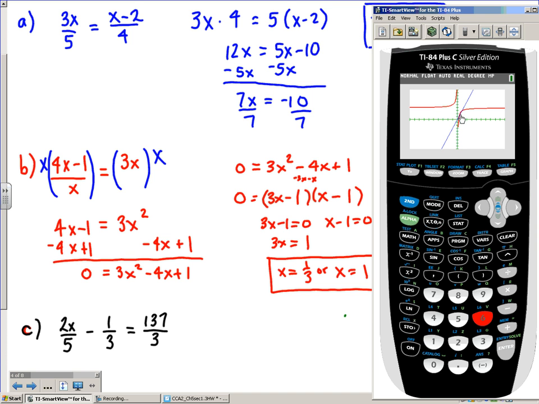So we see in here that it looks like it's intersecting. Now remember, you can do your zoom box if you want to get even closer there. Do one, move it up so it's just above where you want it, then press enter, and it'll start to draw your box.